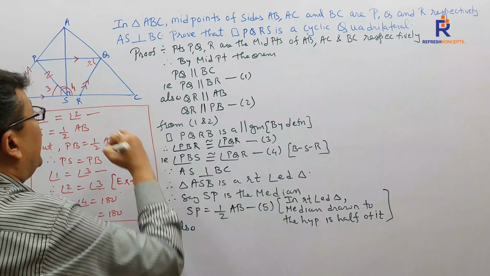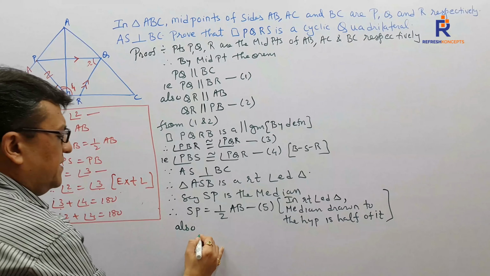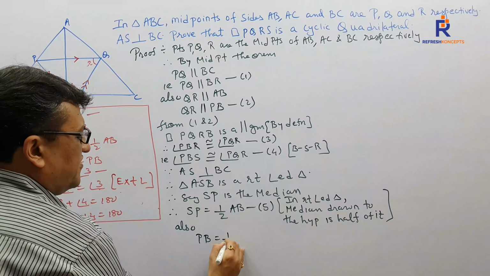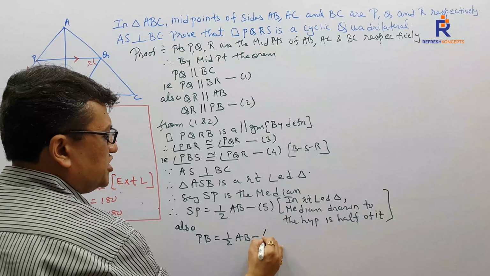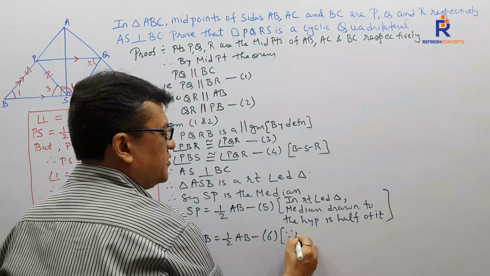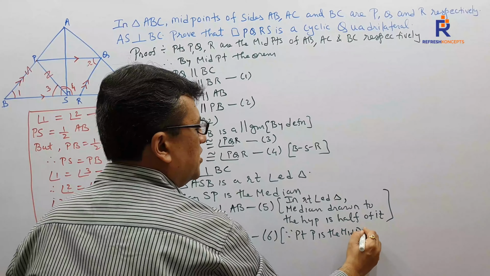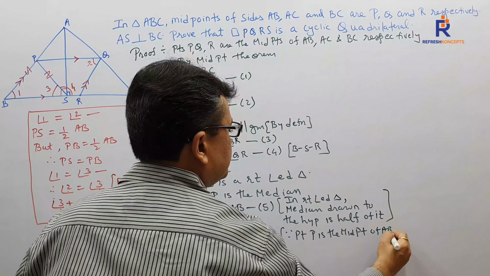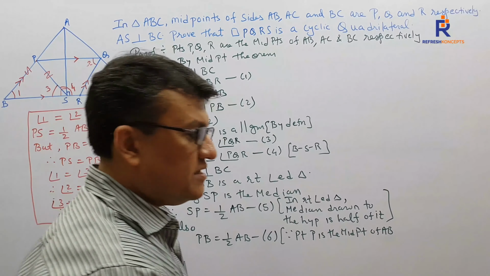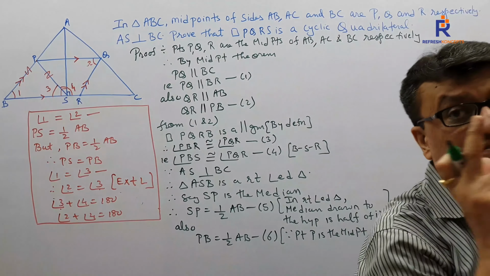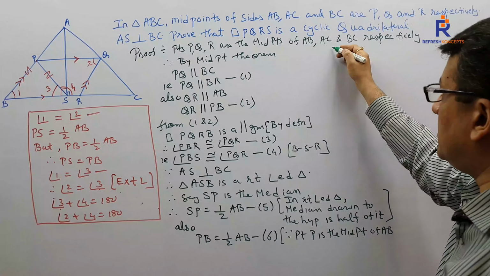Also, we are aware since P is a midpoint, can I say PB is half of AB? Equation number 6, since point P is the midpoint of AB. Right? Now, what can we say from 5 and 6? So, let's write down our solution here.